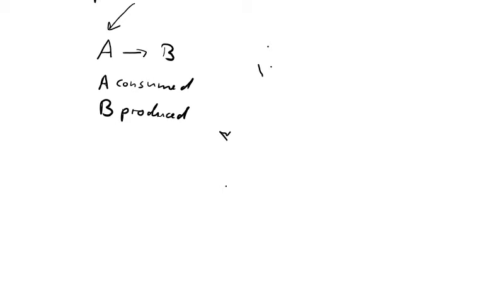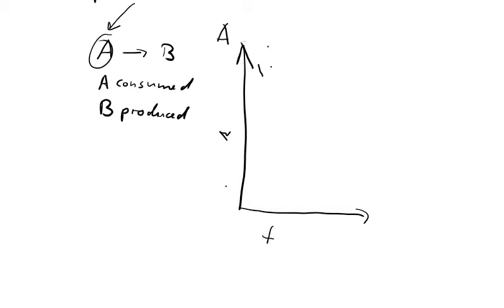A is the reactant in this scheme here. So that's the thing that is used. So we can draw a graph. And if it is a first order reaction, let's just for fun say we plot A versus time.